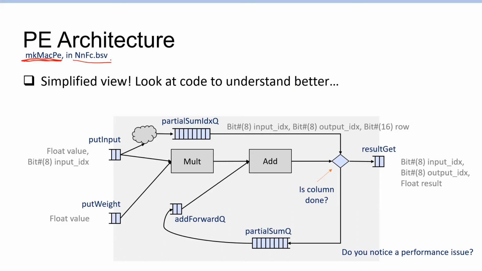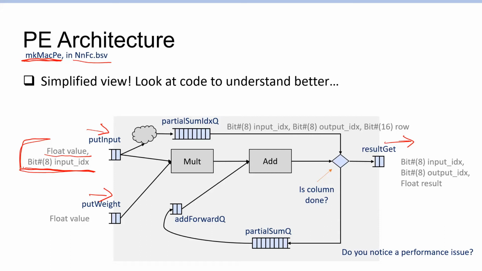This thing also has 3 ports: 2 input ports, put input and put wait, and one output port, result get. Put input comes straight from the software, so it sends in a tuple of 2 values: the floating point value for the input inside a single cell in the input matrix, and the 8-bit input index, which basically says which input this belongs to.